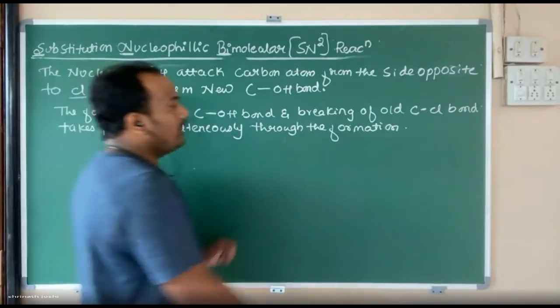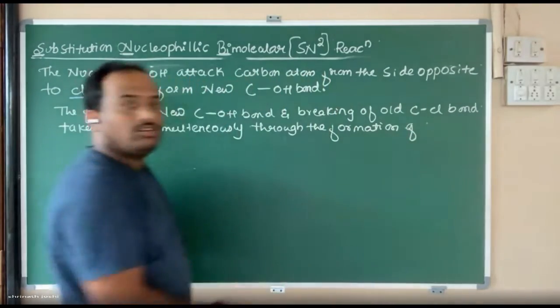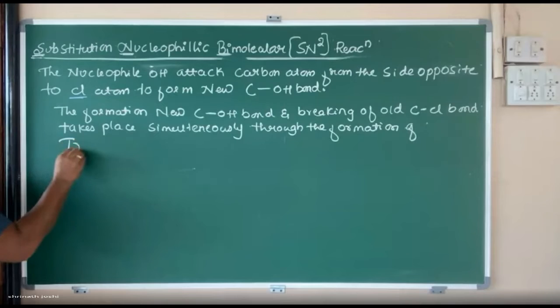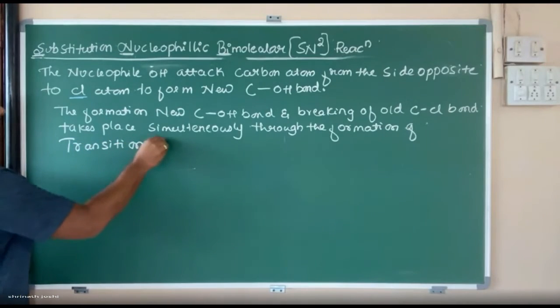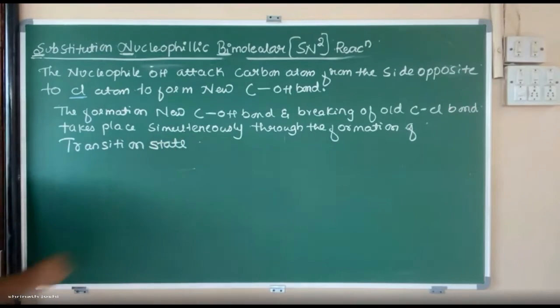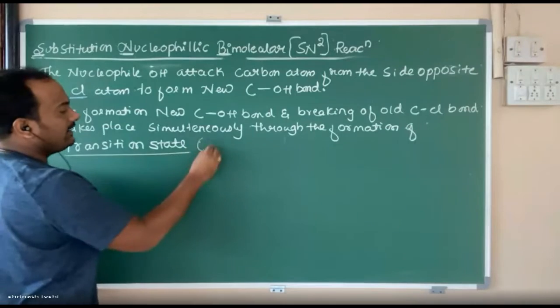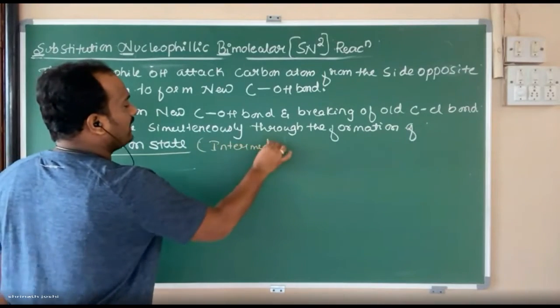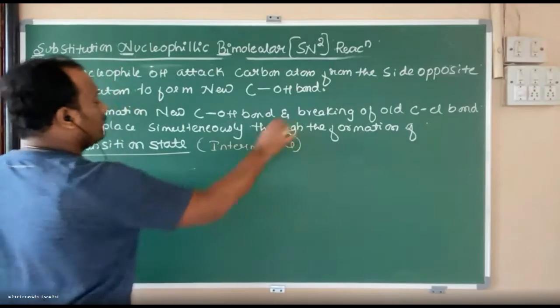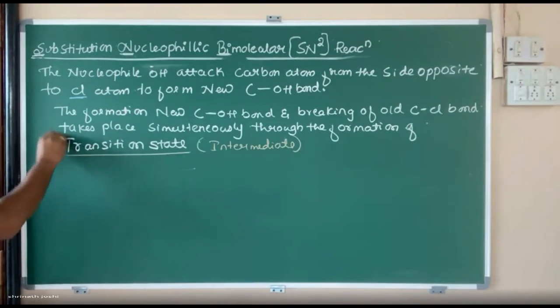Through the formation of, is it not a transition state? Yes or no? Underline it with red ink, very, very important. In bracket, you can write intermediate. Reaction intermediate. Very, very important, a 1 mark question separately.